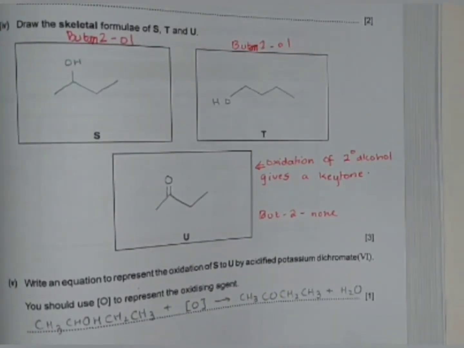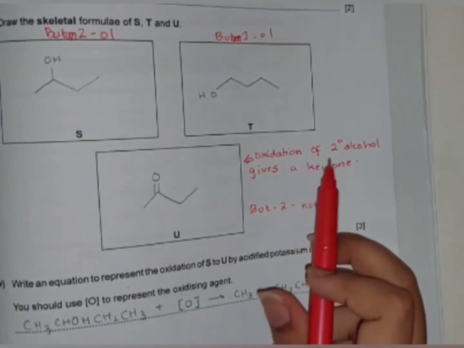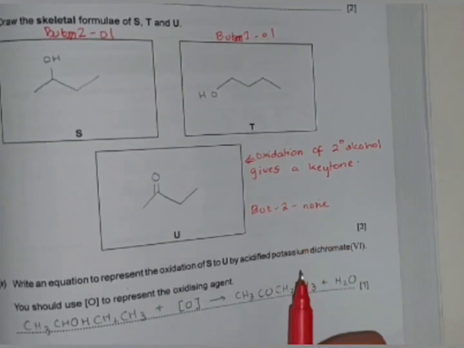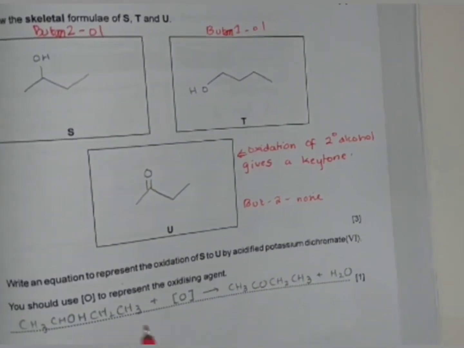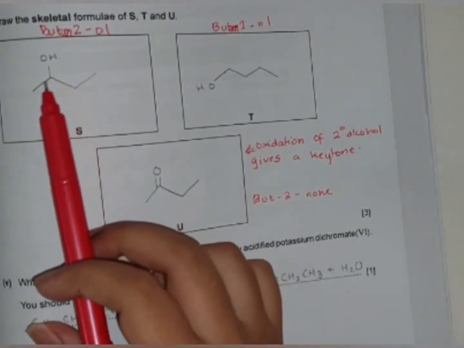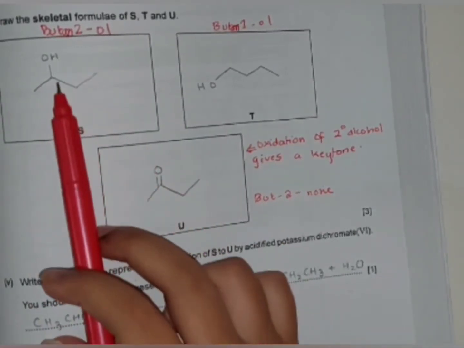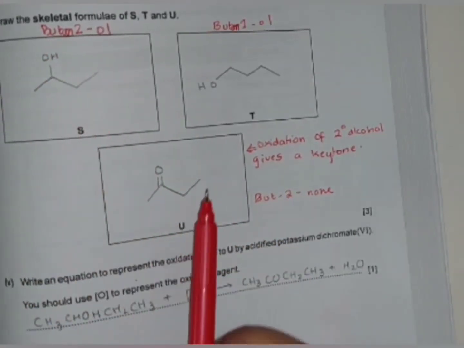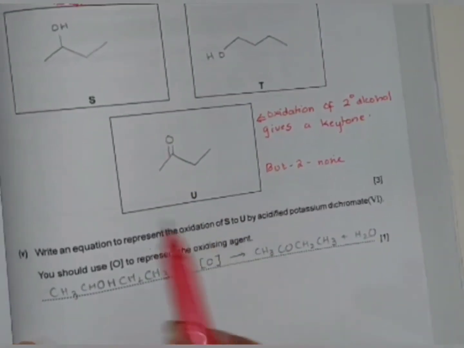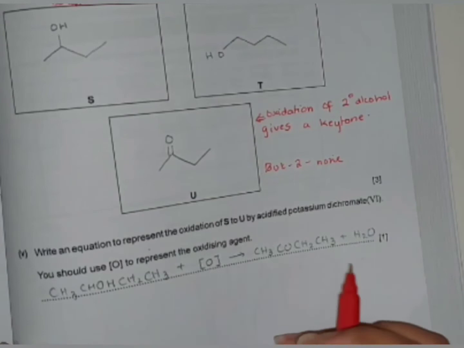So we know that oxidation of a secondary alcohol gives a ketone, right? The oxidation of S will give a ketone with a functional group C double bond O. So we are going to write the equation.